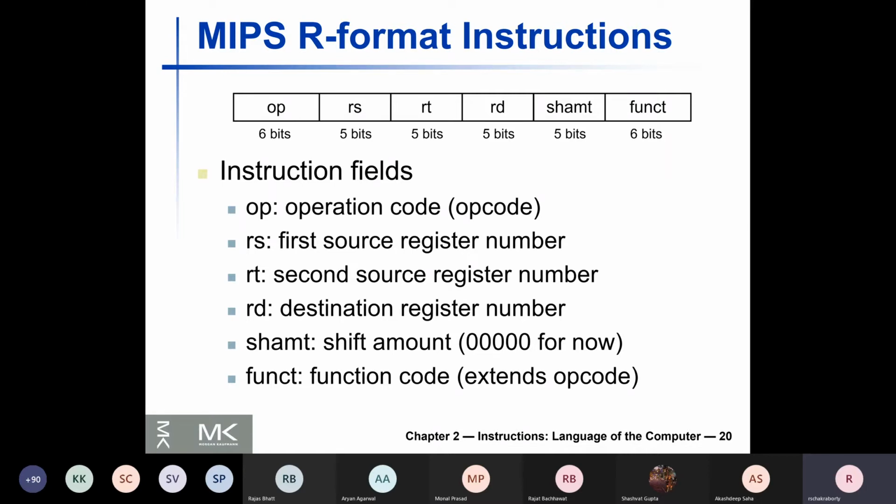Maybe for add you have some 6-bit constant, and for sub you denote some other 6-bit constant, and then the hardware, when it sees this total 12 bits of opcode and function code combined, understands that add has to be performed, or that sub has to be performed.